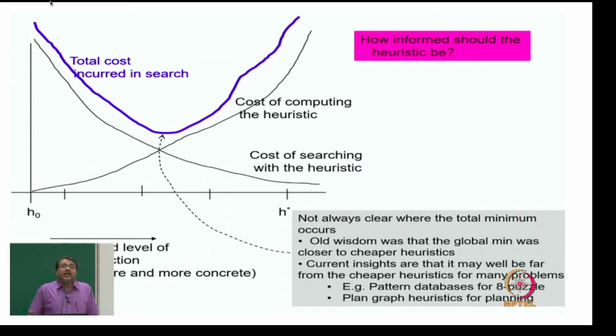If the heuristic is very trivial, the cost is going to be high, but if you are going towards a better or optimal heuristic, computation increases. And if you see this curve at the end, if you get a very optimal solution, then the cost of computation becomes high again.